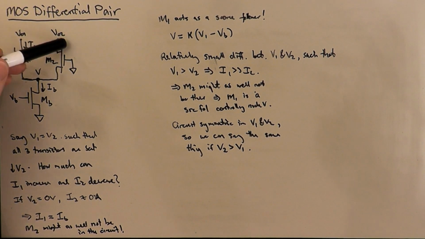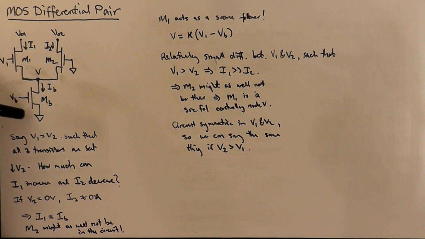The circuit becomes something like a source follower with M2 controlling the node V, and M1 might as well not be in the picture.